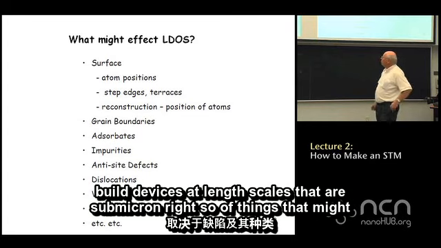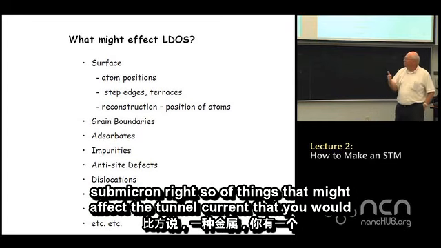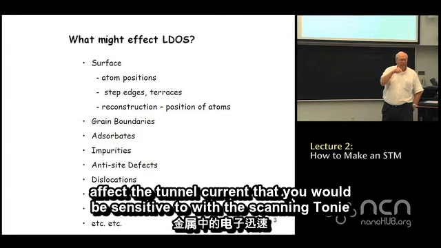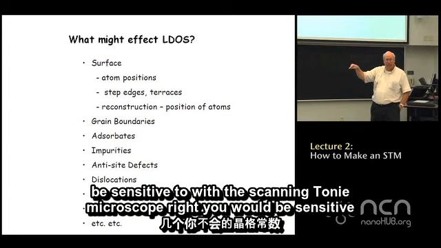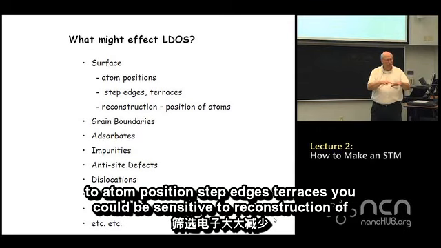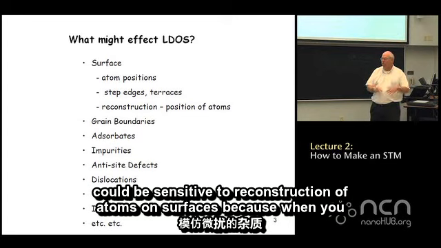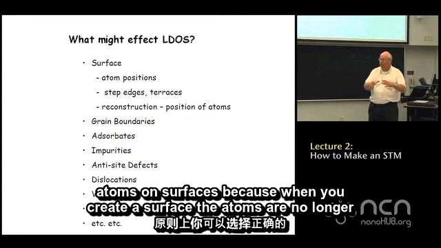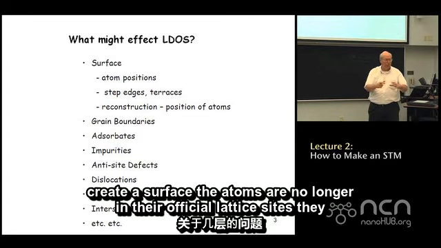So of things that might affect the tunnel current that you would be sensitive to with this scanning tunneling microscope, you would be sensitive to atom positions, step edges, terraces. You could be sensitive to reconstruction of atoms on surfaces, because when you create a surface, the atoms are no longer in their official lattice sites, they relax.